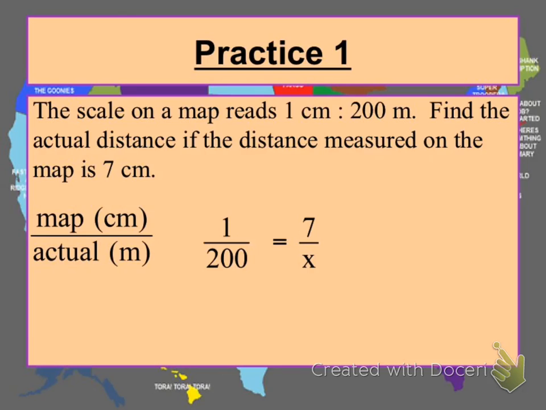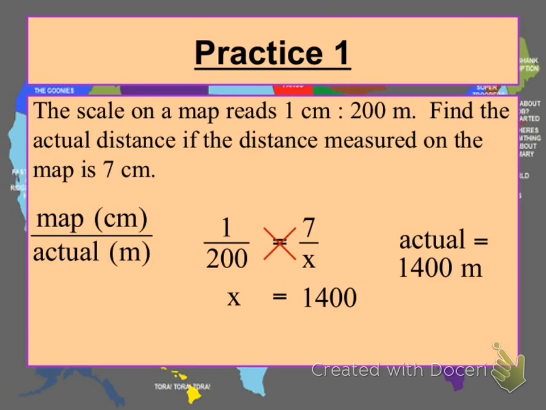So that number has to correlate in the same position on the right-hand side of the equal sign as the centimeters did on the left-hand side ratio. Okay? So then we cross multiply to solve it, and we would find 1x is equal to 200 times 7, or 1,400 meters for our final answer.